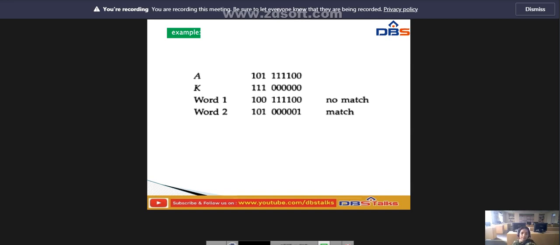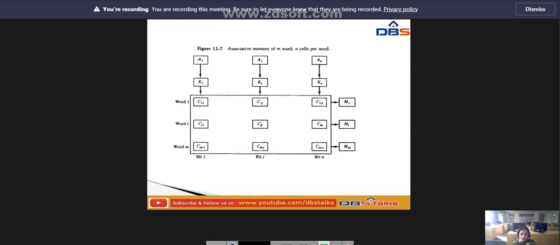The cells in the memory array are marked by the letter C with 2 subscripts. The first subscript gives the word number, and the second specifies the bit position in the word. So in the associative memory with m words and n cells per word, we have Cij in the cell for bit j in word i.